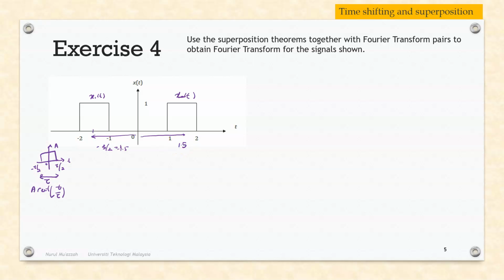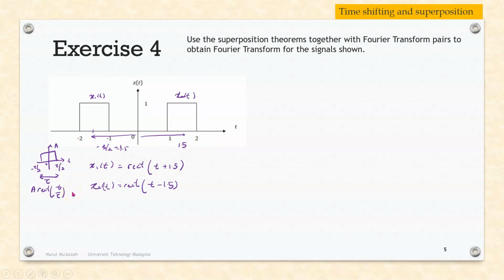So we can say that x1(t) is rect(t plus 1.5), because this one has been shifted to the left. And then for x2(t), this is rect(t minus 1.5), which is the rectangle signal that has been shifted by 1.5 to the right.